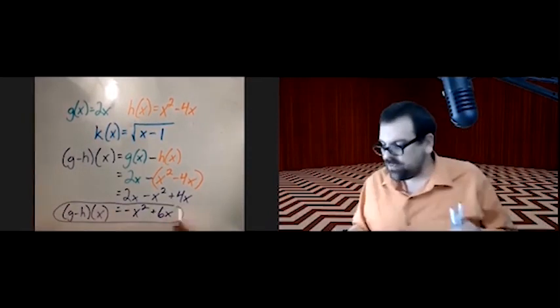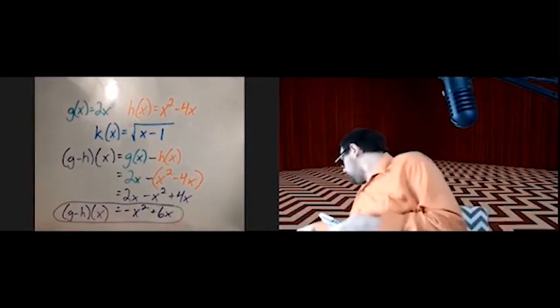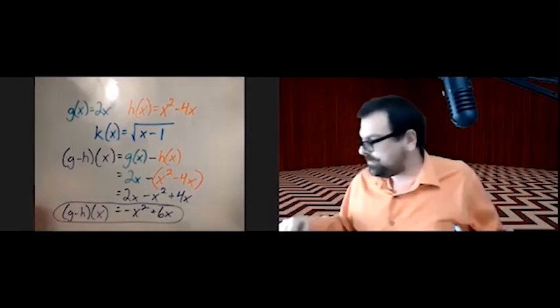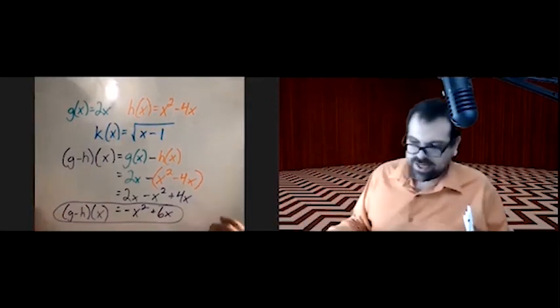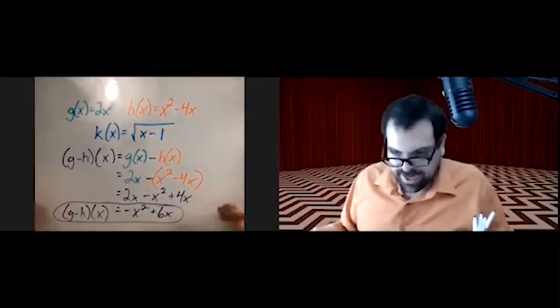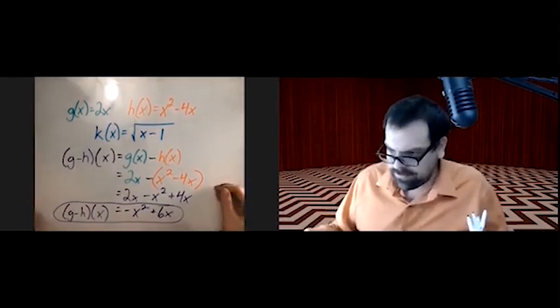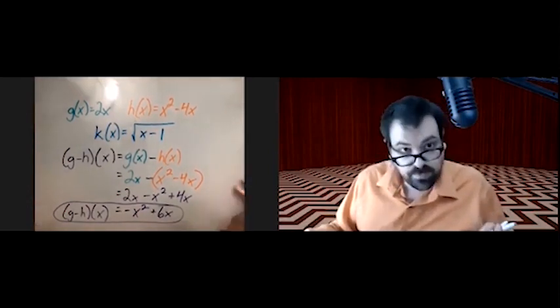Now we also need to write the domain in interval notation. And the rule is going to be that we take the intersection of the domains that we started with. What does that mean?